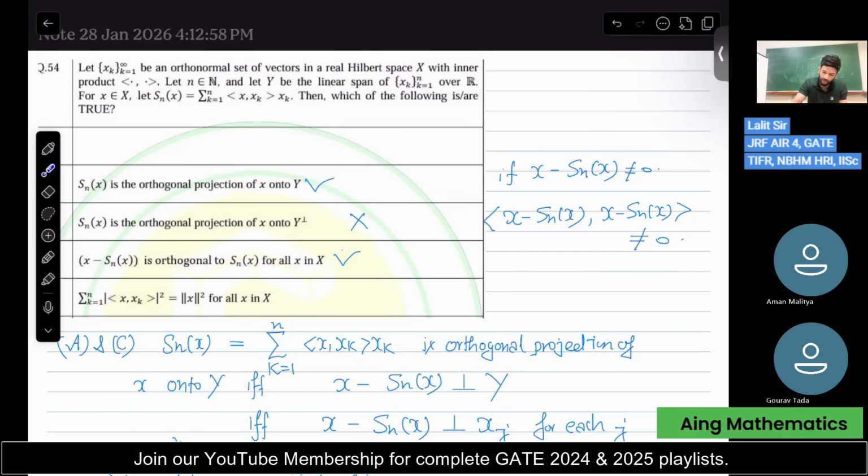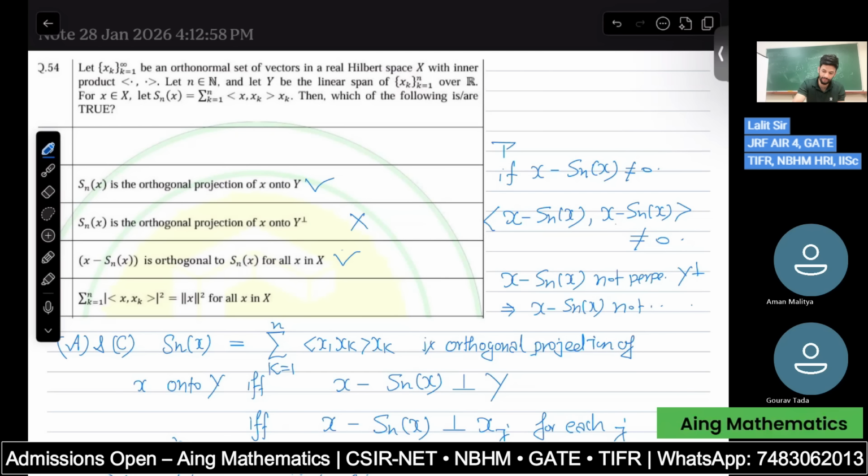So in that case the norm of this vector will be non-zero, and hence x minus Snx is not perpendicular to y, which means that this is not the orthogonal projection. So it's wrong, right? Any questions? Aman, is it clear? Yes sir, clear. Okay.